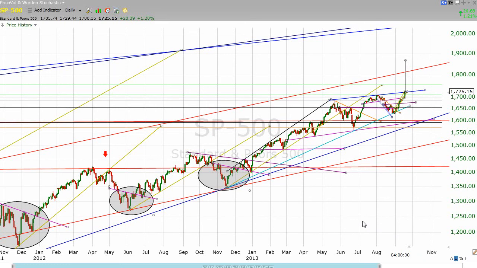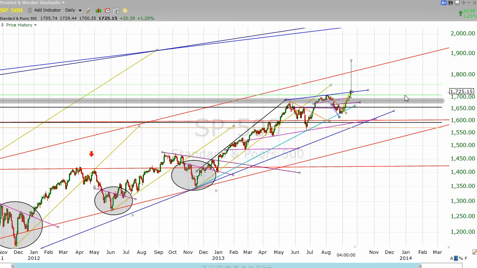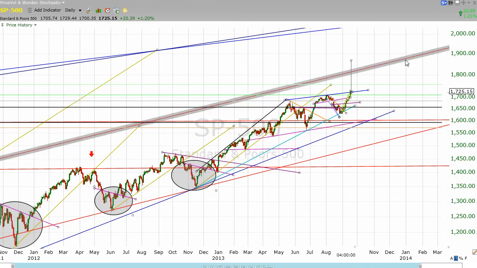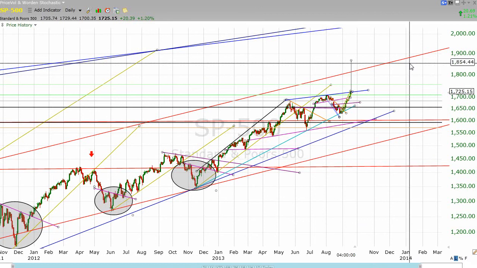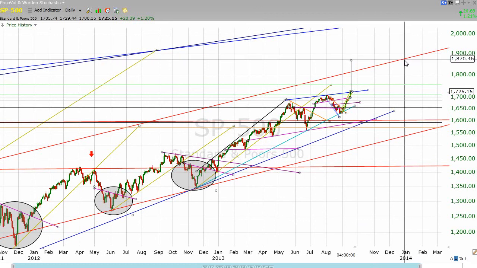But anyway, if we get over this line and it's technically significant, then I could see a rally taking place over the next number of months that, while staying underneath this red line, could take us to that 1868 level, and it could happen in the middle to latter part of December if we stay underneath this red line.